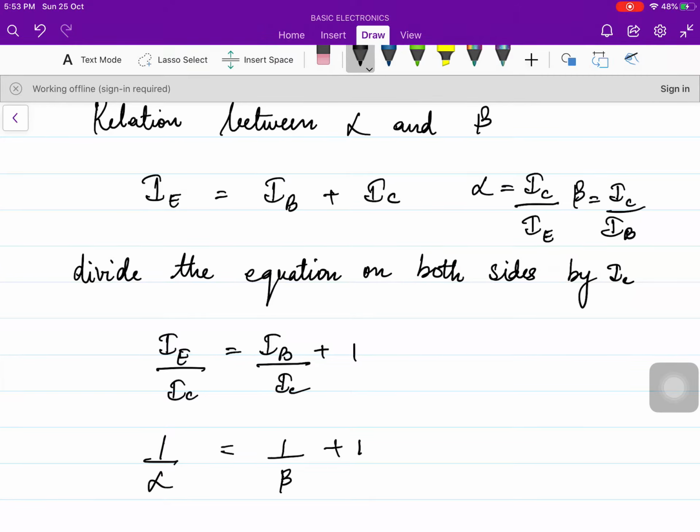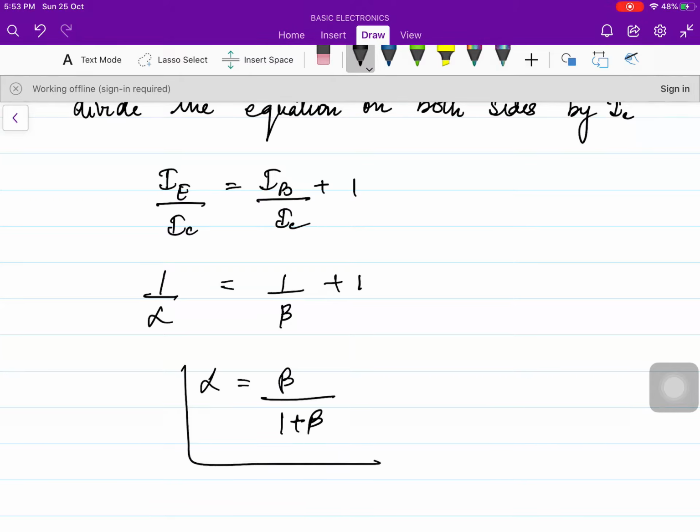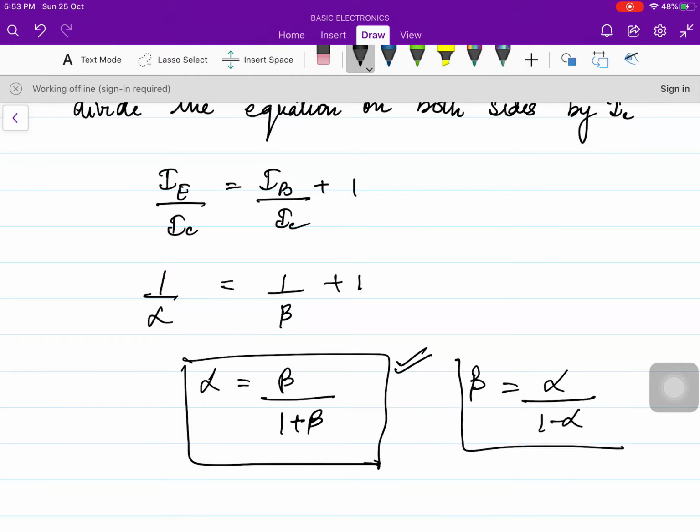So always follow this strategy and it will always be helpful. So now from here you will find the relationship to be alpha equals beta upon 1 plus beta. This is one relationship. Very important. Just remember it always. Or you can say, if you put beta on the left hand side, you will get alpha upon 1 minus alpha.